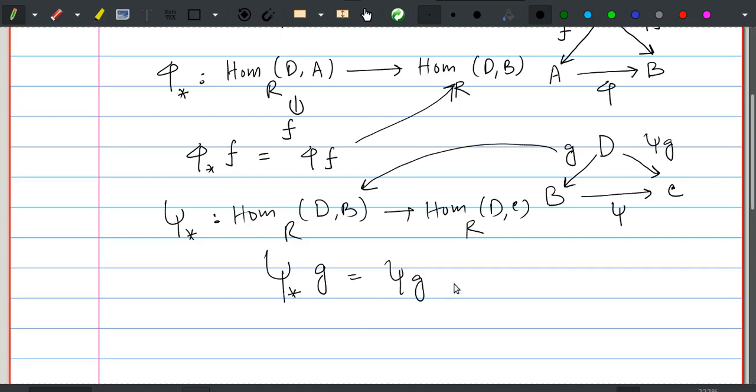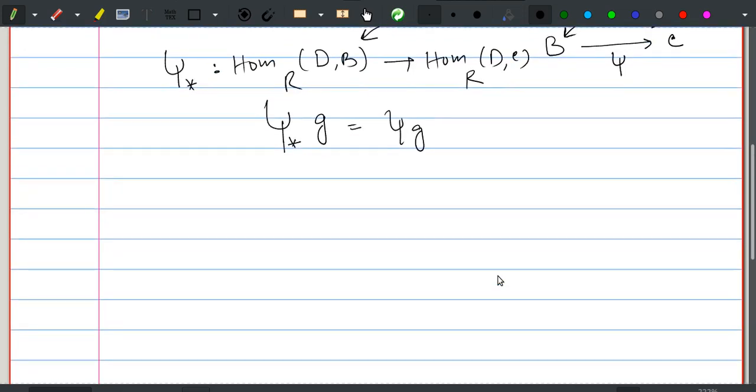Now if we take the composition of these two module homomorphisms, phi star and psi star, what do we get?